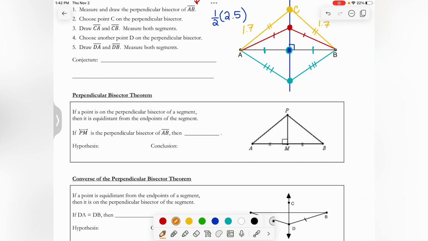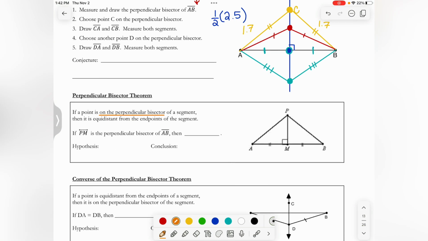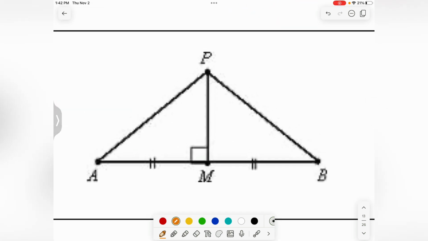Here is the theorem. If a point is on the perpendicular bisector of a segment, then it is equidistant from the endpoints of that segment. So here it says PM is the perpendicular bisector of AB. So here is PM, that is the perpendicular bisector.